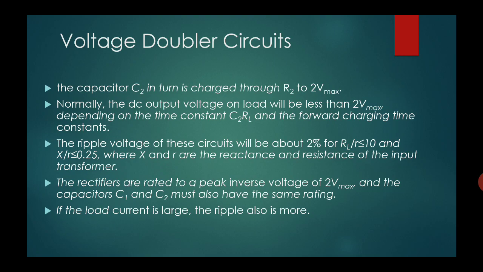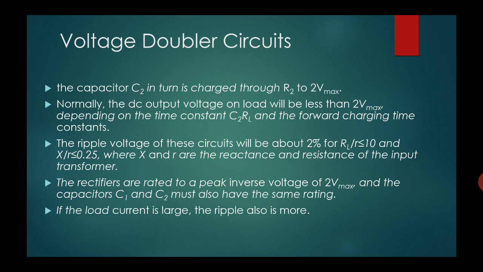The ripple voltage of these circuits will be about 2% for RL by small r less than or equal to 10 and capital X by R less than or equal to 0.25, where X and R are the reactance and resistance of the input transformer. The rectifiers are rated to a peak inverse voltage of 2 Vmax, and the capacitors C1 and C2 must also have the same rating.